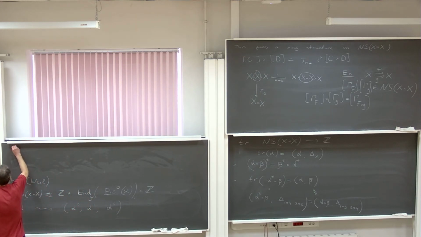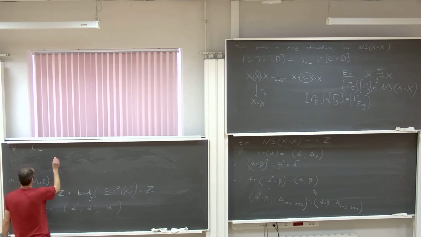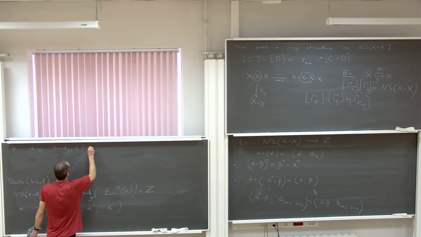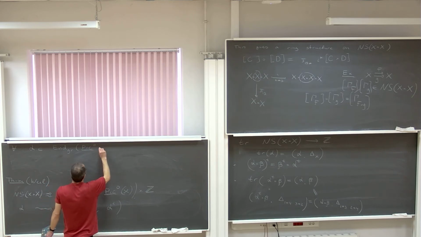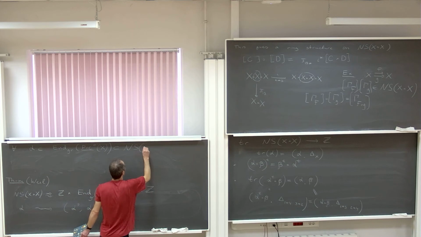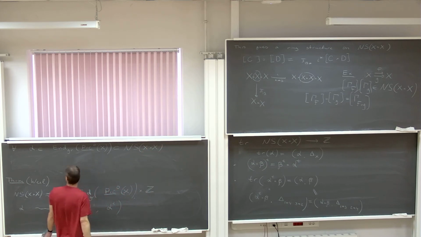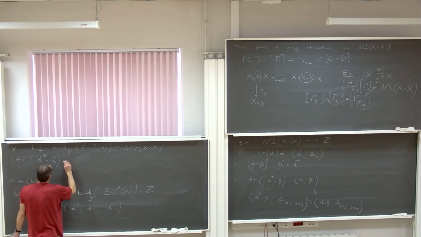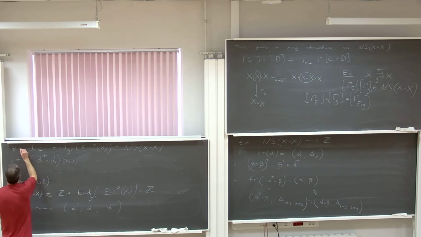For every alpha in endomorphisms of this middle term, P car of X, and this is a subgroup of the Néron-Severi group, the trace of alpha transpose alpha is greater than 0 for every alpha not equal to 0.